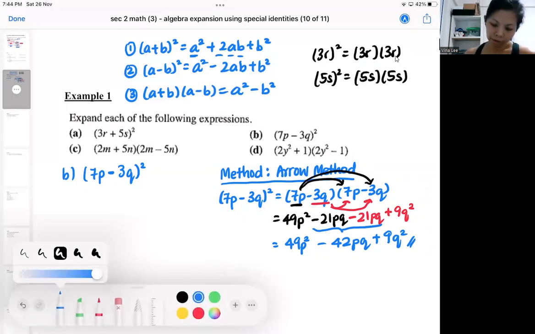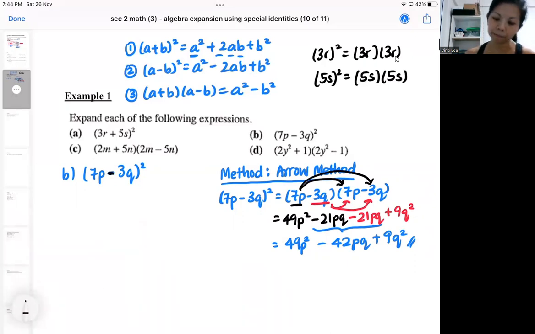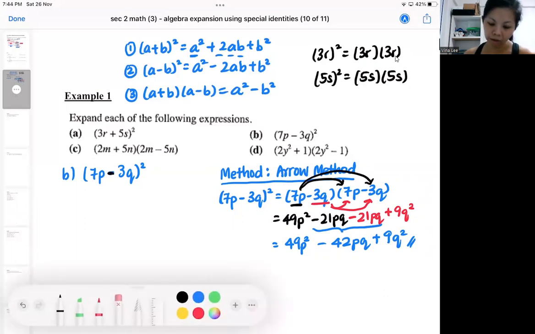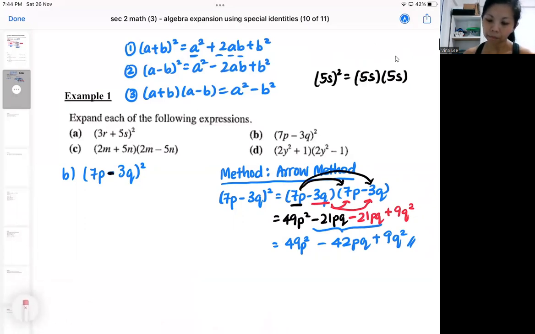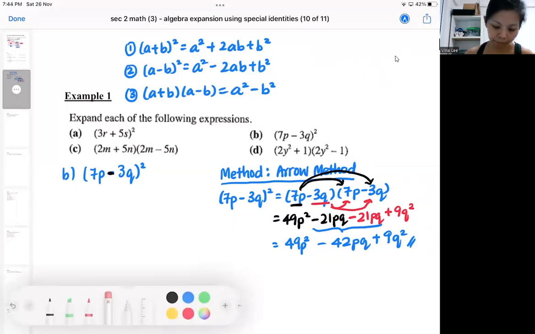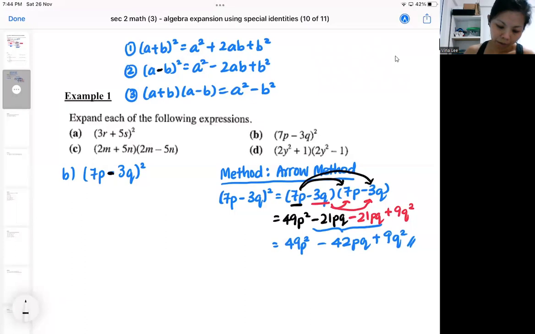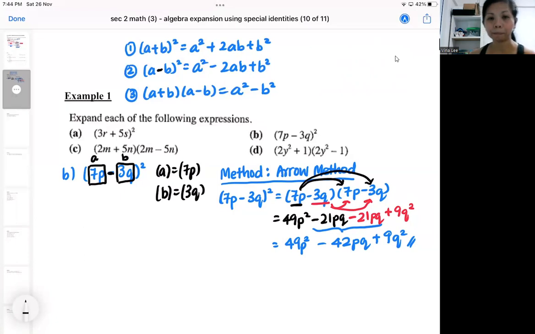Then if I'm going to be using the formula, I should be using the second formula, because the second formula is the one with the subtraction. So this will be my A, this will be my B. So bracket up your A and bracket up your B. Remember to bracket up and you put into the formula.